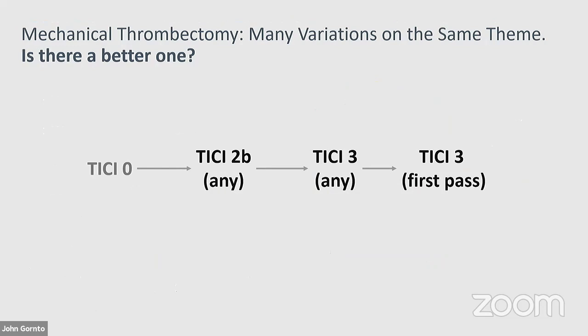So the subject is: is there a best way to do thrombectomy? It's quite difficult. First we need to discuss what a better one actually means. What's the parameter for reperfusion success? Do we talk about TICI 2B, TICI 3, any, or TICI 3 first pass? I'd like to discuss this first until I come to the actual subject.